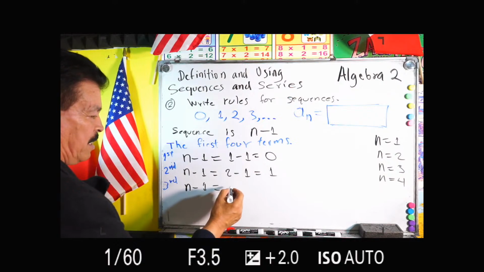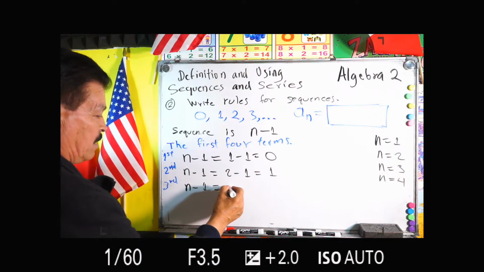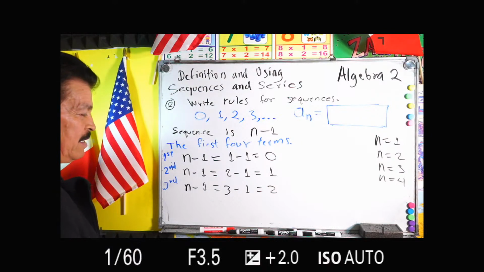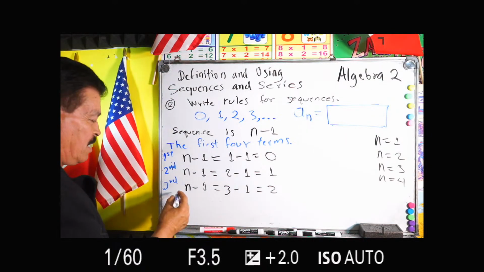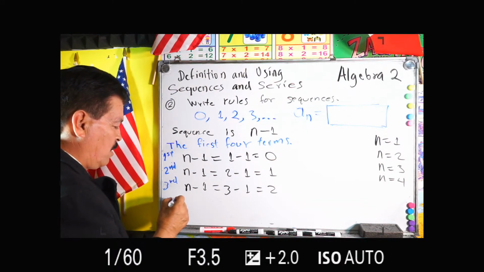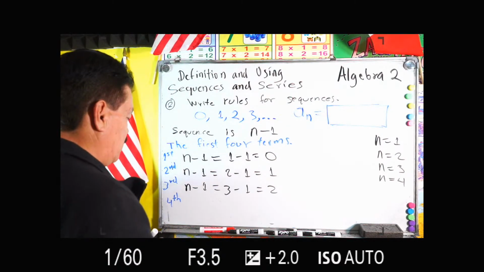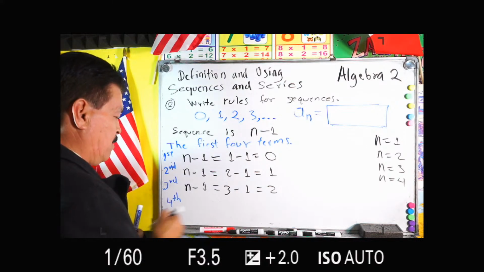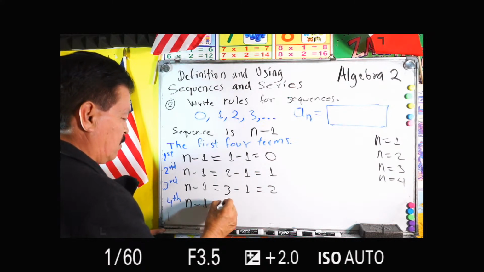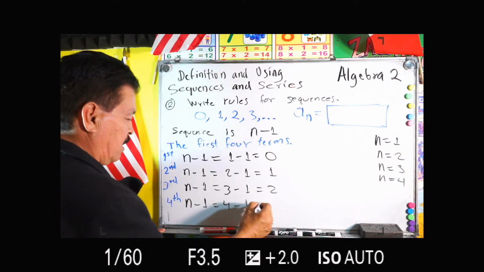This is number 3. So let's write 3 right here. Minus 1 equals 2. See the sequence is coming, right? So the next one, 4. The fourth term. Let me write n minus 1 equals 4 minus 1 equals 3.